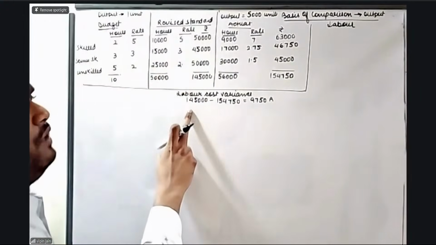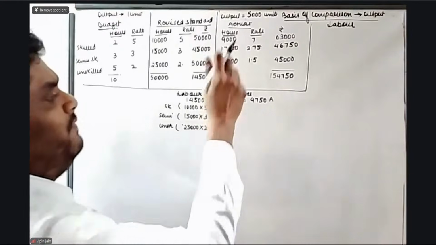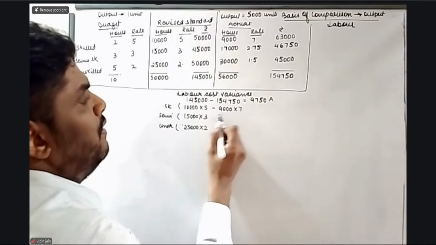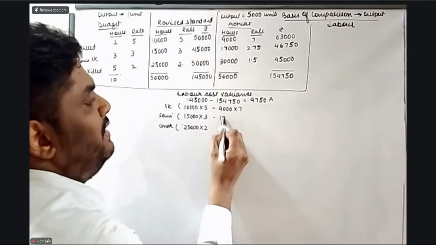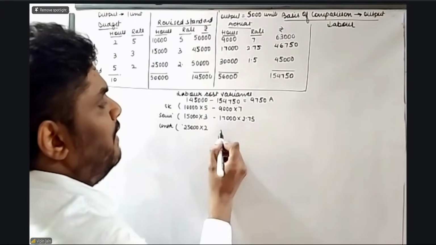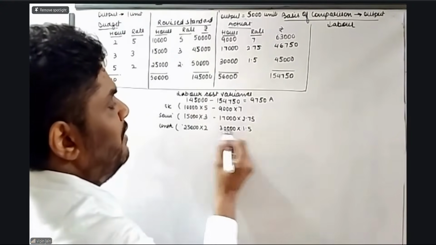Alternatively, how did we get 1,50,000? And how did you get 1,54,750? 9,000 into 7, 17,000 into 2.75, and 30,000 into 1.5.